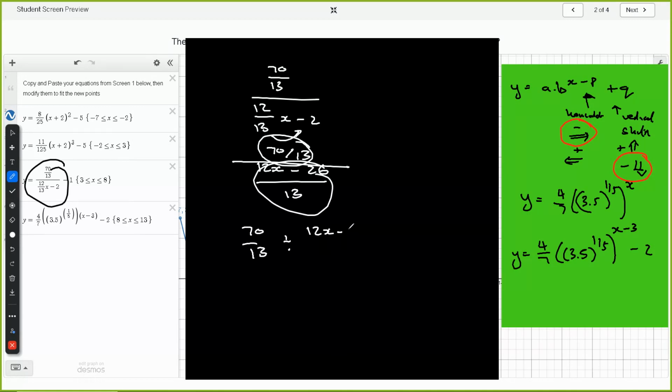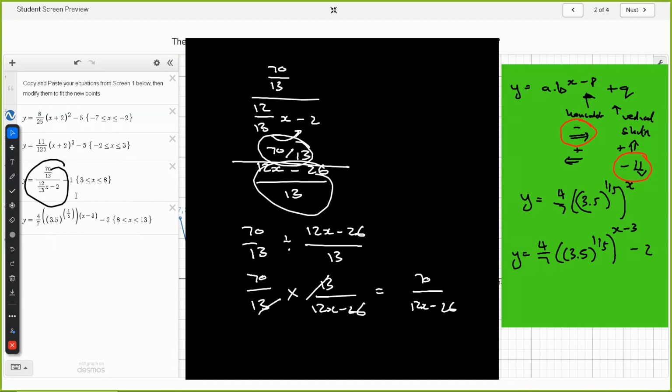And what happens when you divide a fraction by a fraction? The left stays the same, the right flips over, 13s will cancel, and so I can rewrite this as 70 over 12x minus 26. And that would be a much nicer version of this over here.